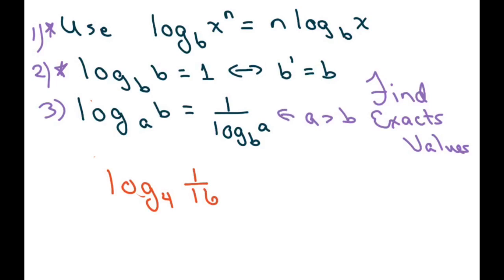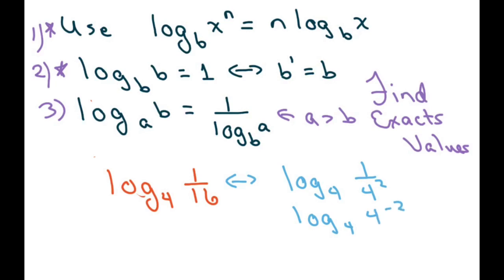Okay, so basically, what I'm going to do is rewrite this as log base 4 of 1 over 4 squared. So this is, again, log base 4 of 4 to the negative 2.